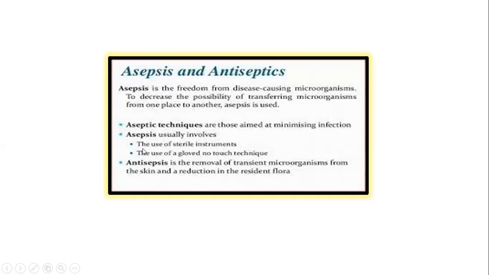Asepsis usually involves the use of sterile instruments, the use of gloves, non-touch technique. Whereas antisepsis is the removal of transient microorganisms from the skin and a reduction in the resident flora. So asepsis is used on materials and antisepsis is used on living tissues.